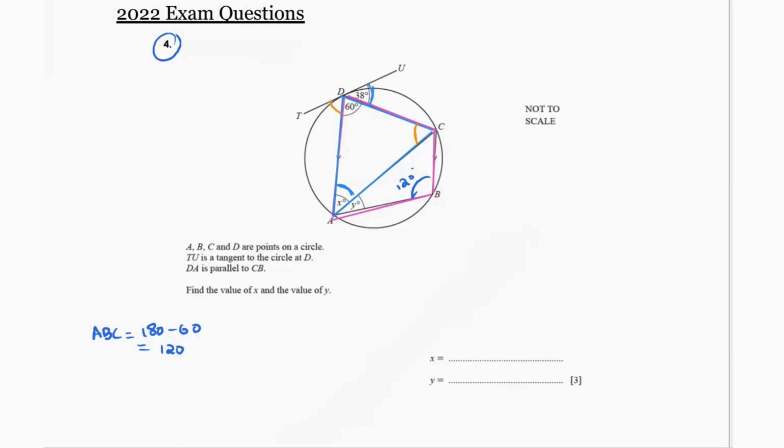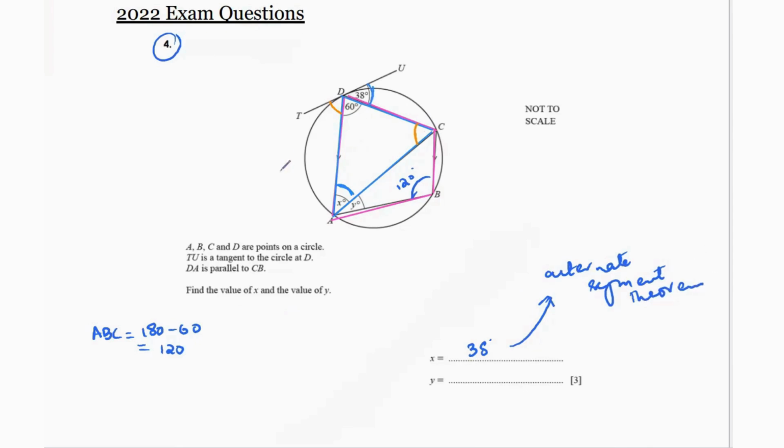So based on that, X is going to be 38. And the reason is the alternate segment theorem. You don't have to give the reason over here. Once again, I'm giving the reason for your understanding.